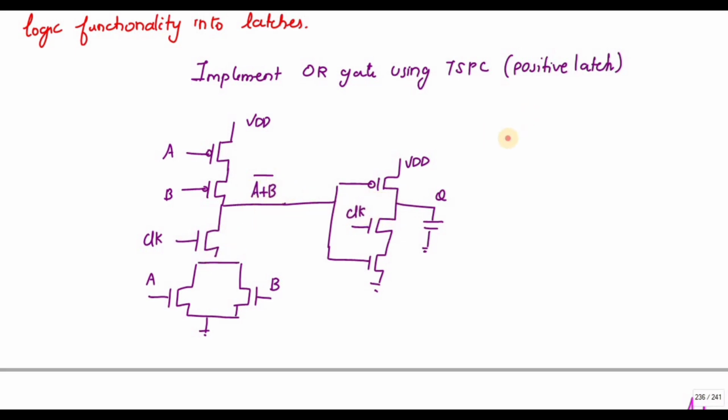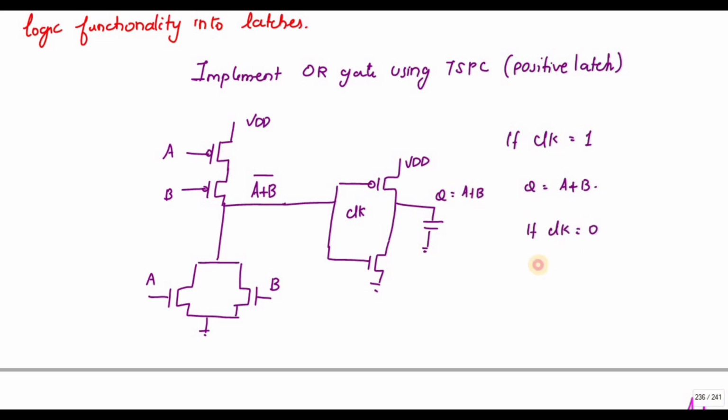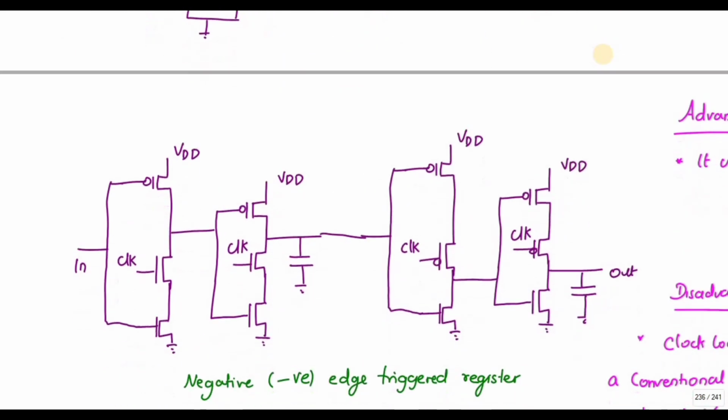Whenever the clock is 1, this will be conducting. So the circuit will look like this. So my Q is nothing but A plus B. So if clock is equal to 0, the output is floating. So it is nothing but a positive latch.